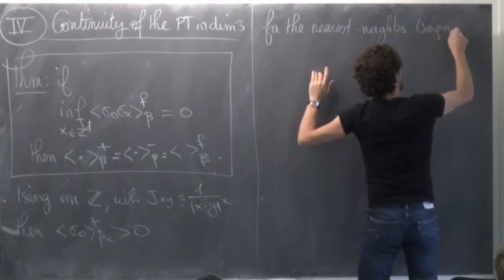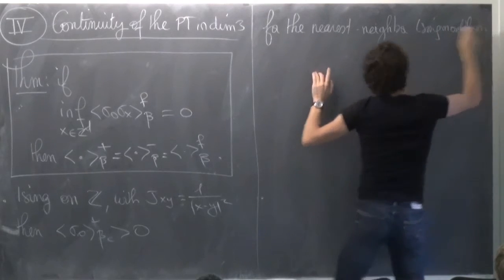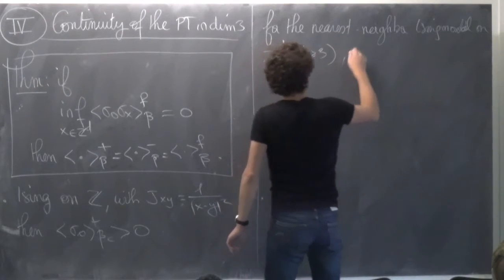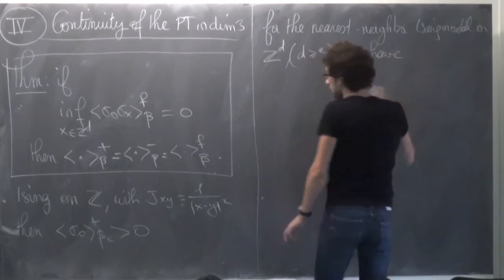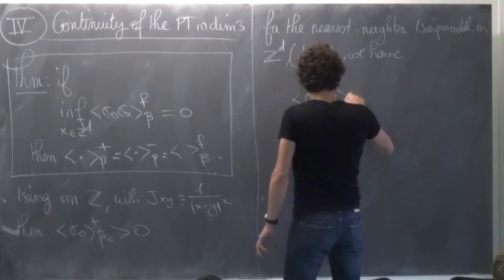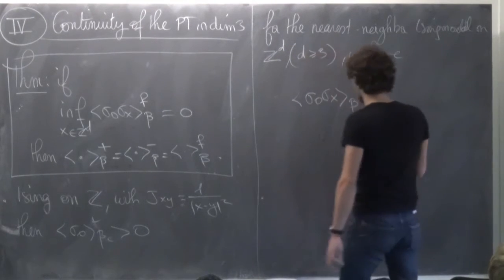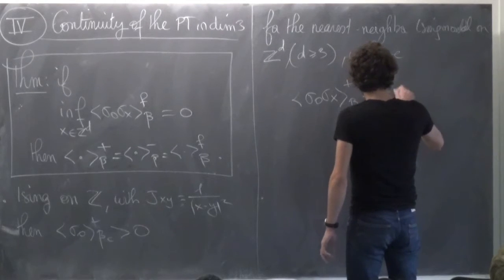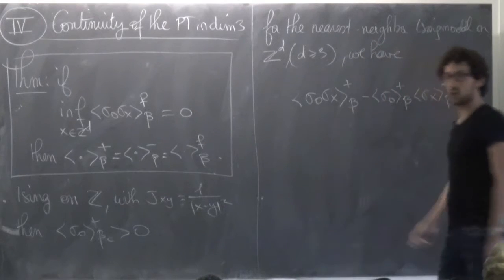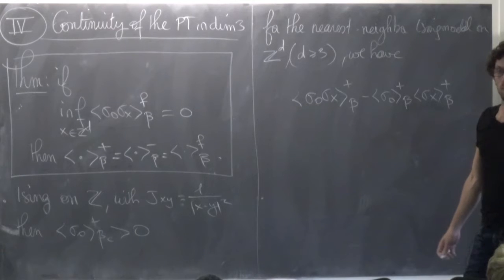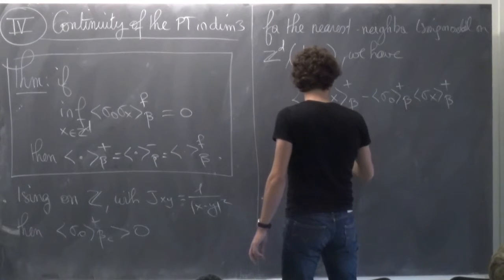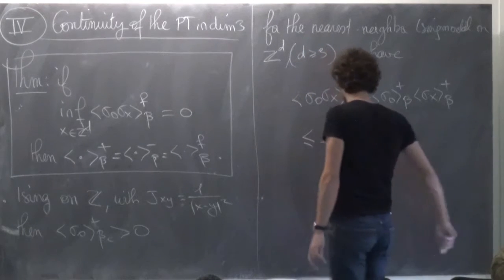Ising model on Z^d, d larger or equal to 3, we have the following magical inequality somehow: if I look at the spin-spin correlation and I remove just the average of the spins, then this is smaller or equal to, I think it's 2 over beta, but maybe it's not 2 over beta or whatever.